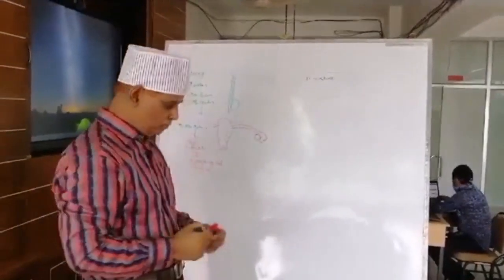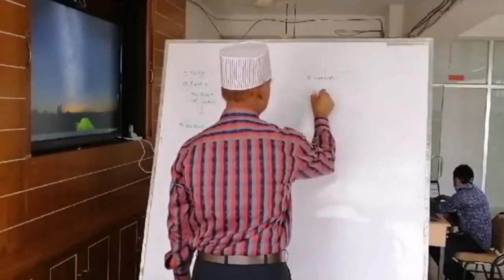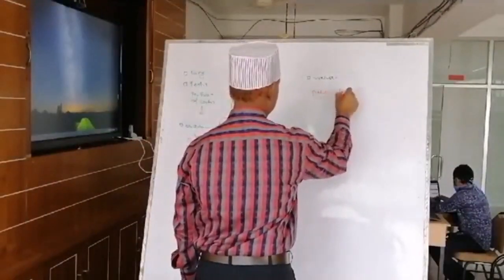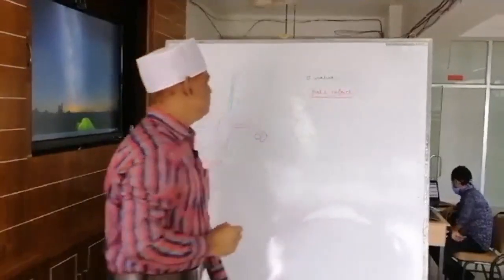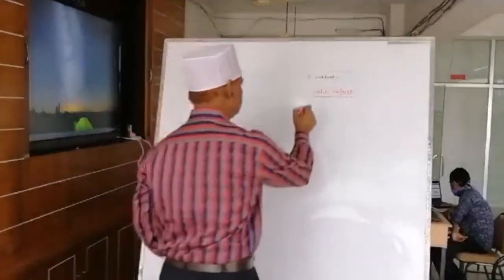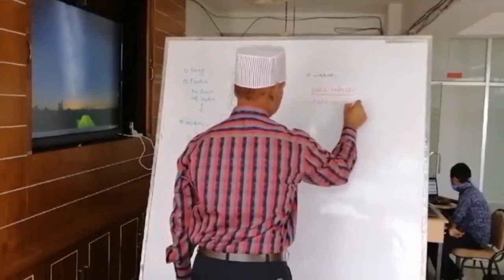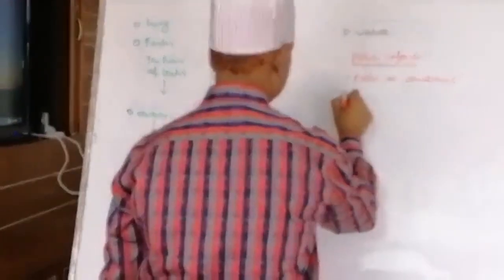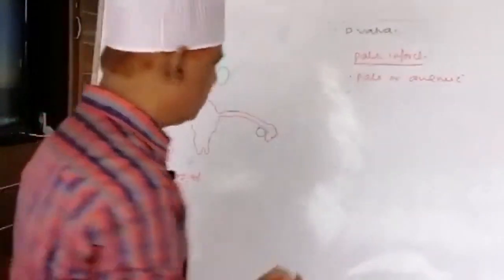Now come to pale infarct. Dear audience, the pale infarct is anemic or pale. Cause is sudden arterial occlusion.